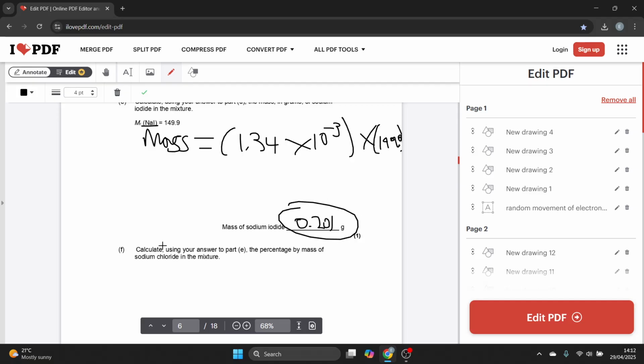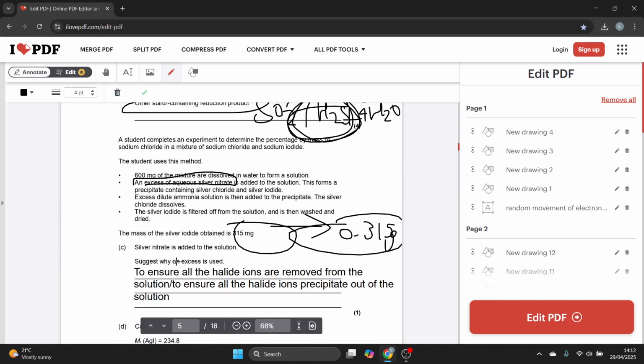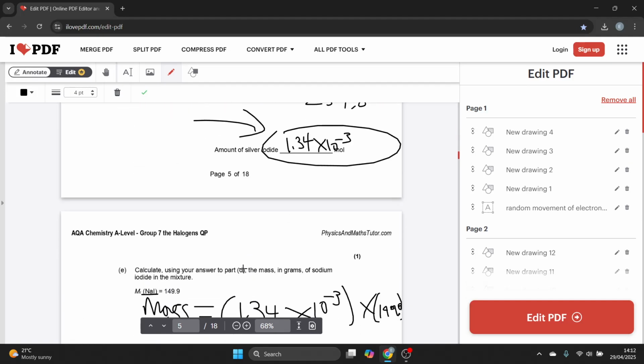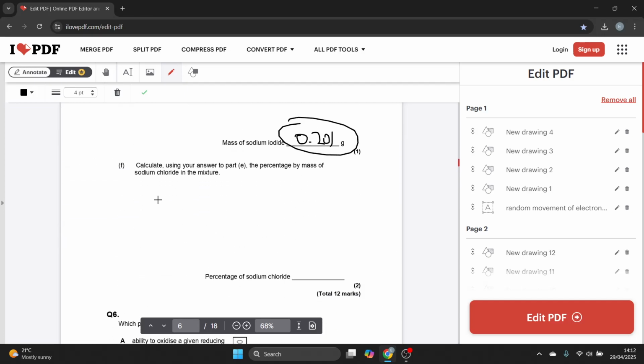Then it says, use your answer to part E to find the percentage by mass of sodium chloride in the mixture. Now I need to actually read a bit of content. A student completes an experiment to determine the percentage by mass of sodium chloride in a mixture of sodium chloride and sodium iodide. I've got the sodium iodide and want the percentage of sodium chloride. First I find the mass of sodium chloride.